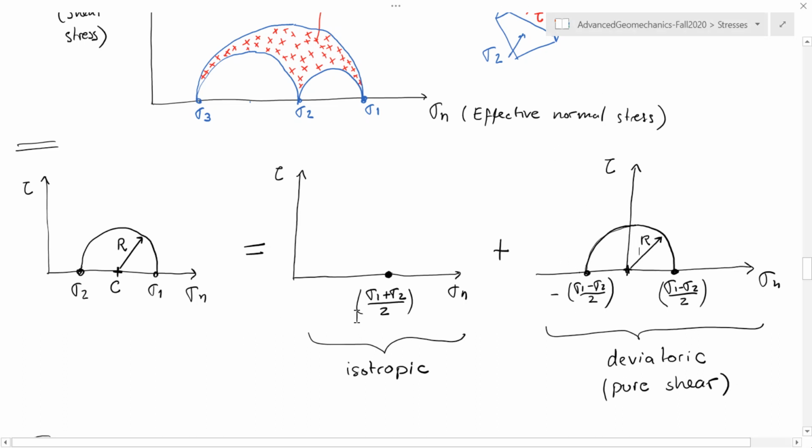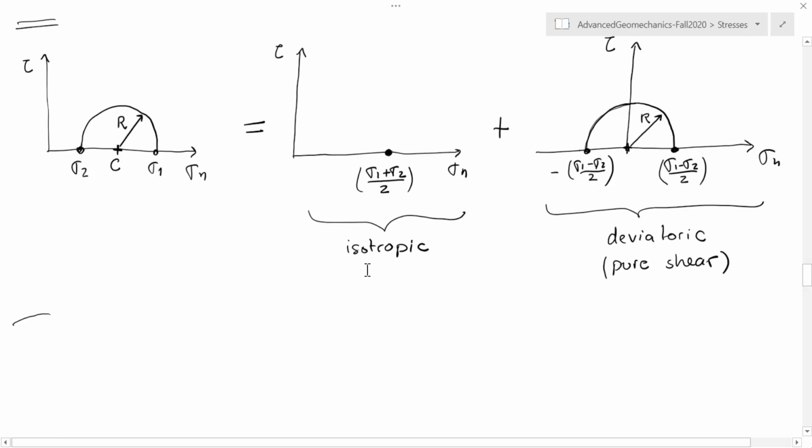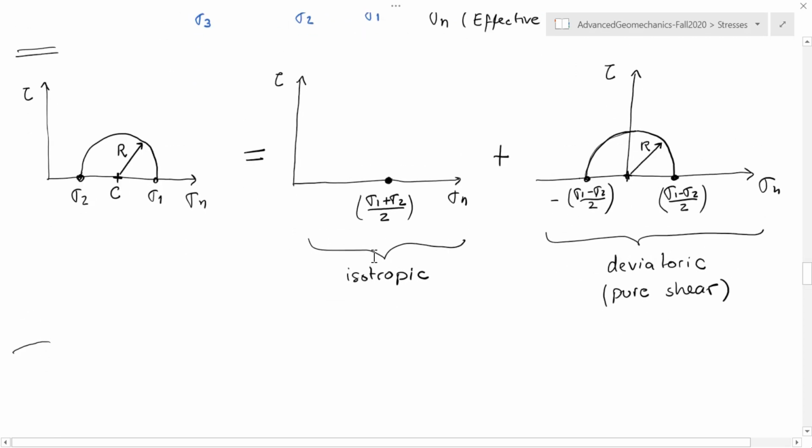Okay, this graphical decomposition is valid for just one Mohr circle, and we could say for 2 dimensions. Let's see how this will work in the case of a 3-dimensional stress tensor. And we're not going to do the graphical part because that's going to be a lot of circles.